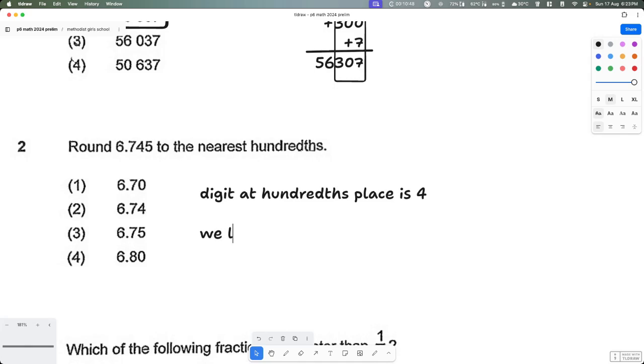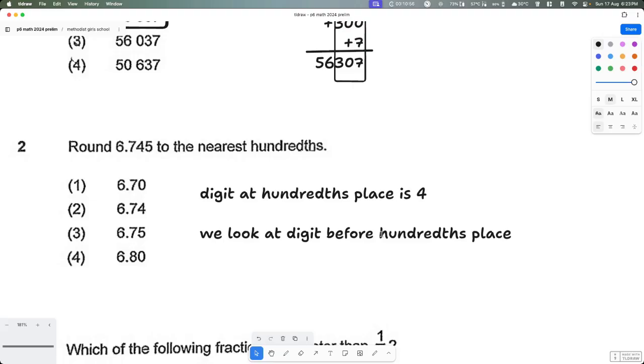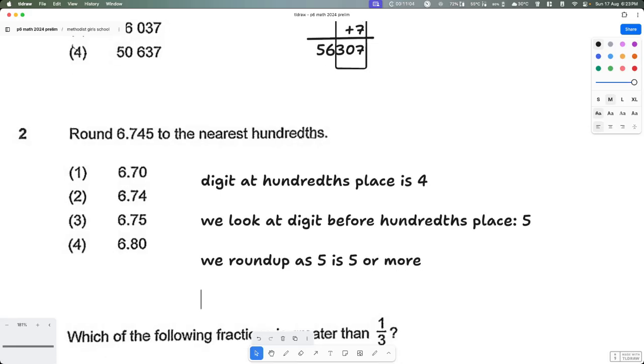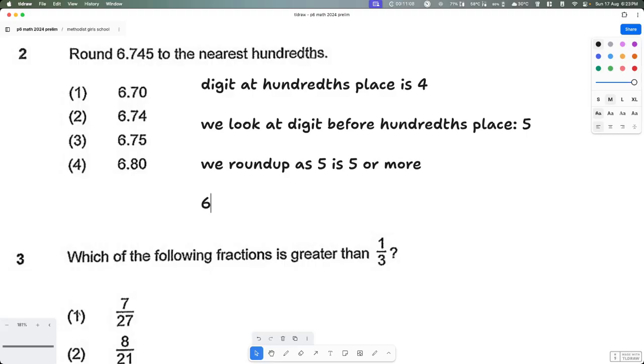So we look at the digit after it, which is 4. Since 4 is less than 5, we round down.